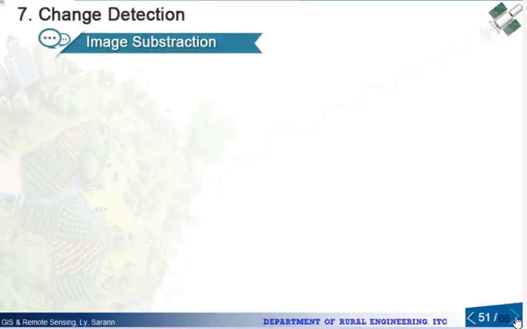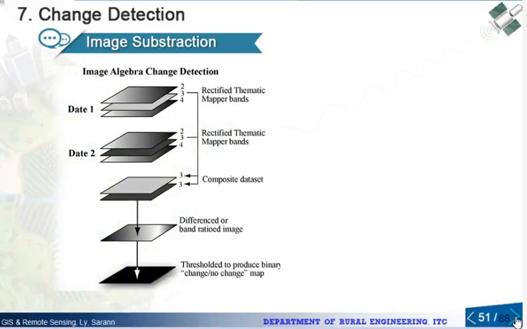One method in change detection is image subtraction. It is a kind of image algebra change detection. So we have different images on different dates, date 1, date 2.